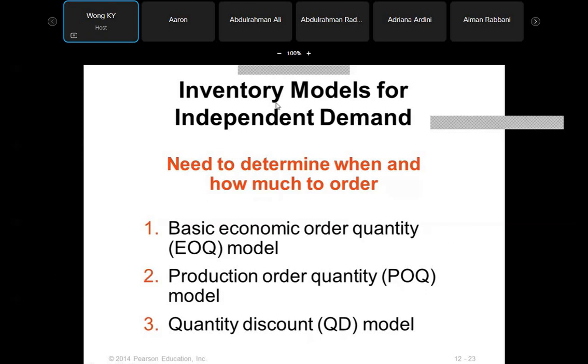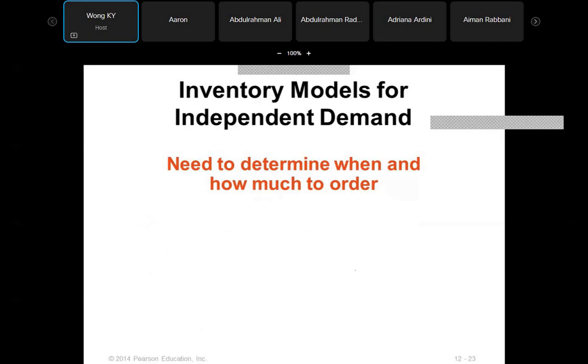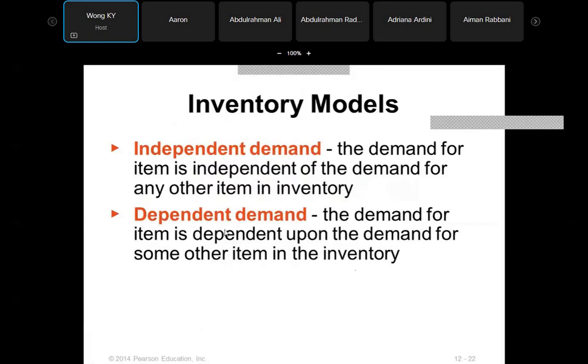All these models are only to manage the inventory for independent demand, in other words, for the finished goods inventory, or inventory item that does not depend on the demand of some other items in the inventory. For dependent demand, you will learn it later in the following chapter on material requirement planning. In this chapter, all the inventory models that you will learn are only for independent demand.